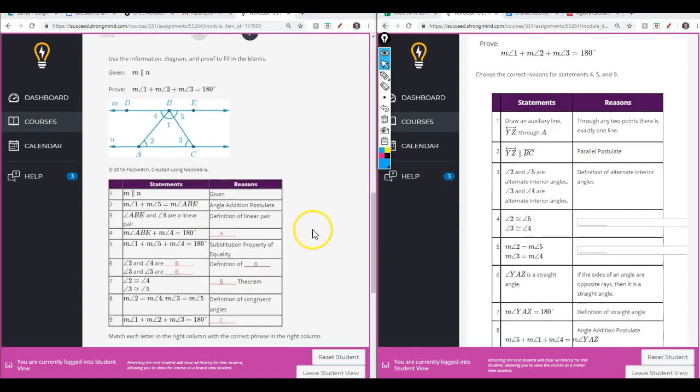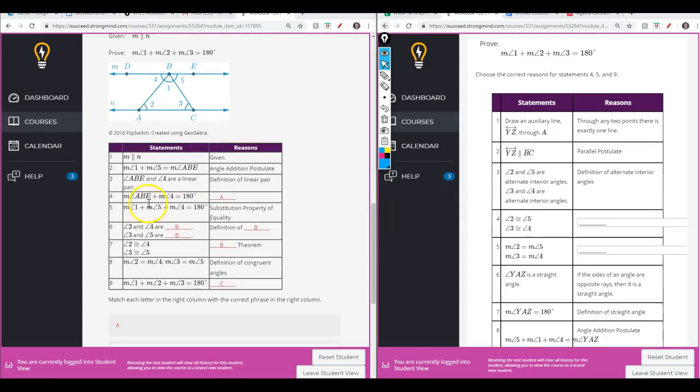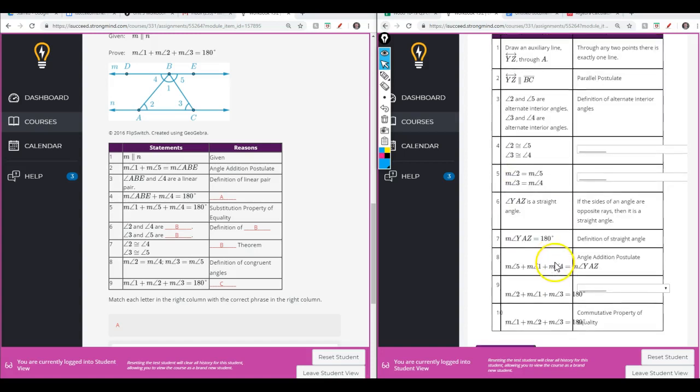And then this is what I would do. I would first notice that it had measure of angle ABE plus measure of angle 4 is equal to 180 degrees. And I would see if there was anything set up similar to that in this.